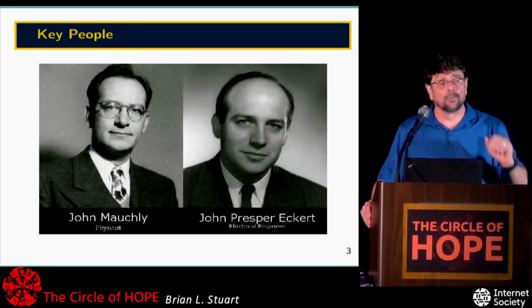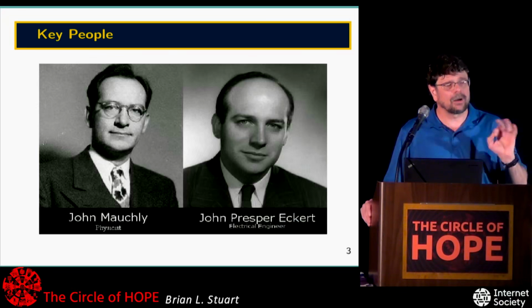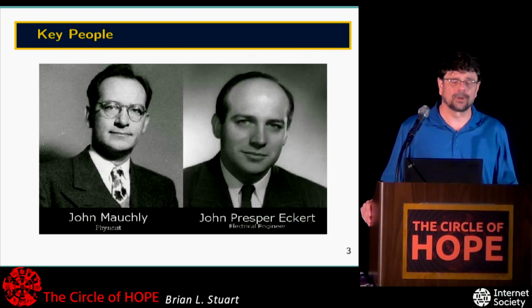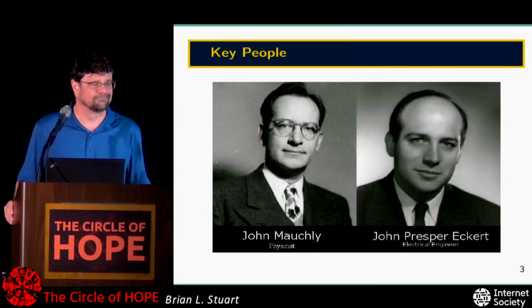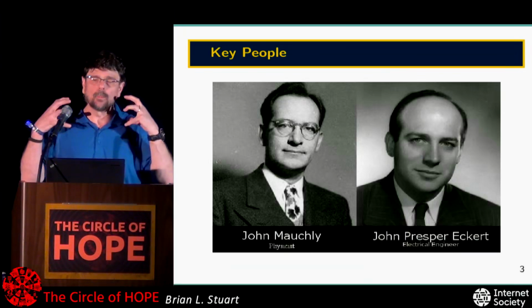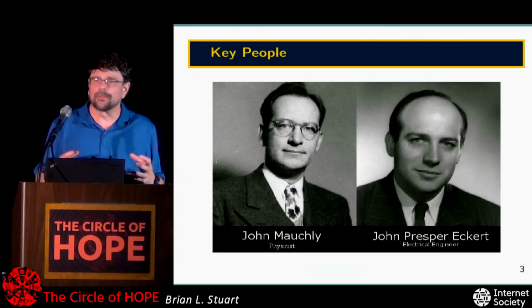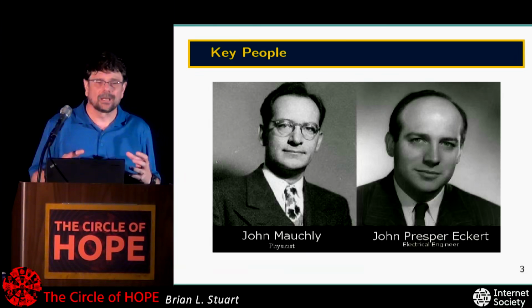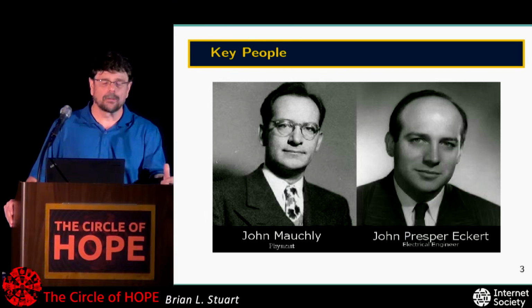Now, around the time he started to teach at Penn, he also took a course one summer that was taught by Eckert on the subject of electronics. And they really hit it off. These two men were the kind of pairing that is more than the sum of their parts. Mauchly saw where computation was needed.